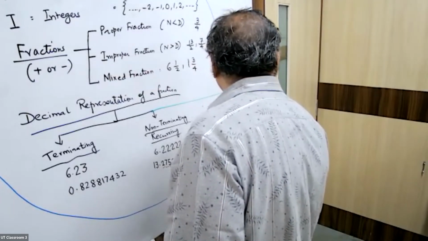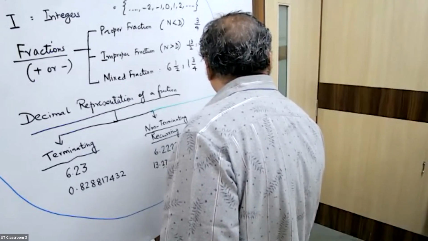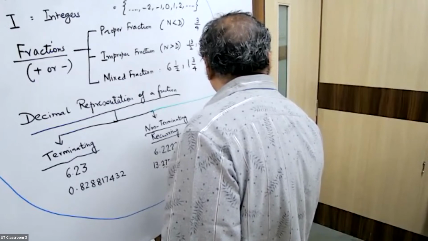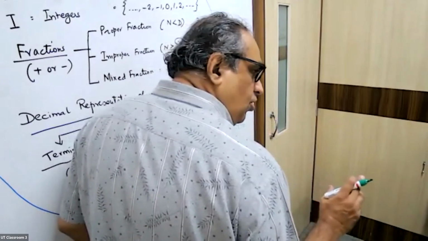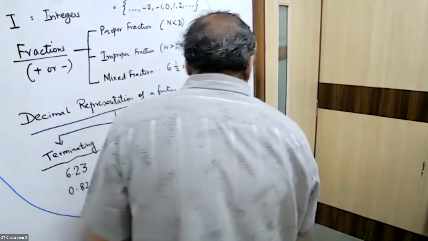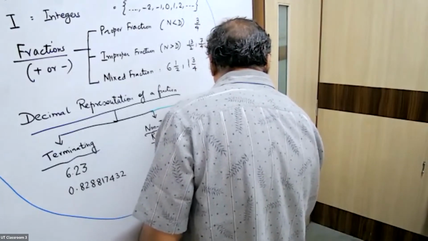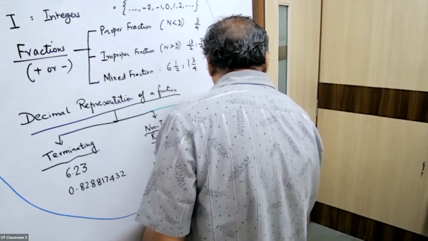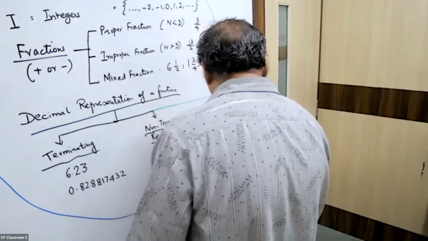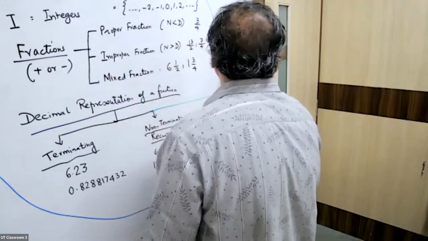non-recurring, NTNR. 6.23578217 dot. No particular pattern, no particular digit is being repeated. Or you have something like √2, √3, cube root of 4, fifth root of 8. All these are called as irrational numbers, and they are denoted by Q dash.